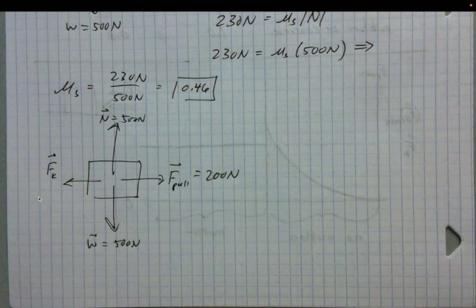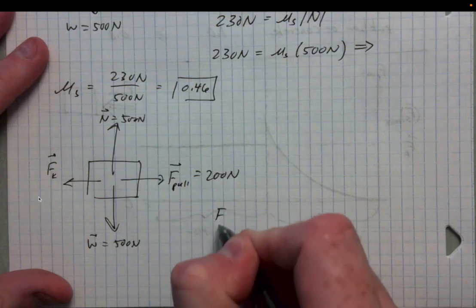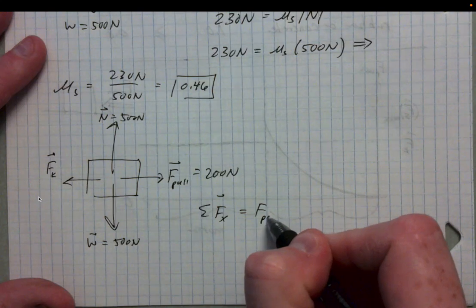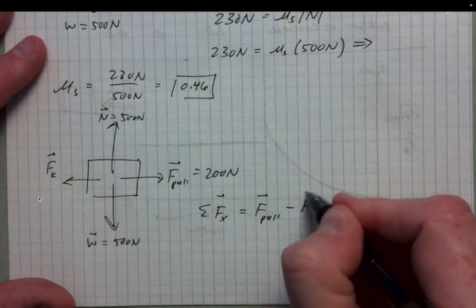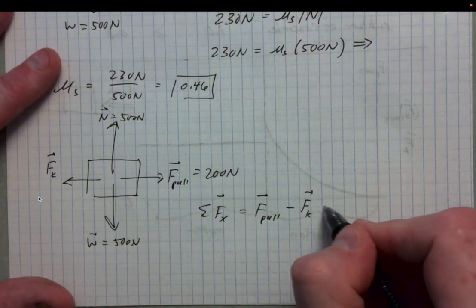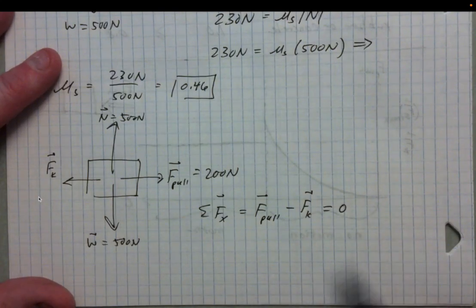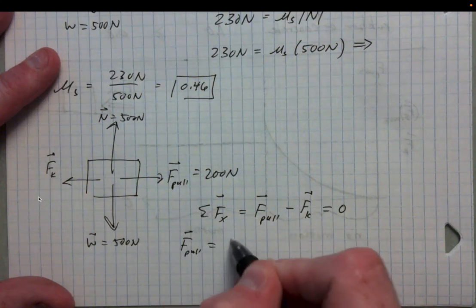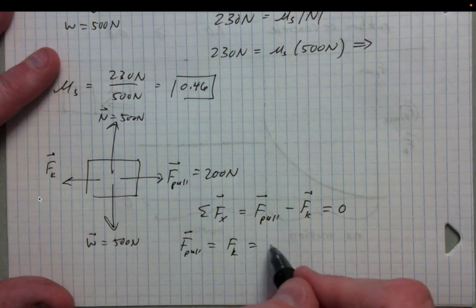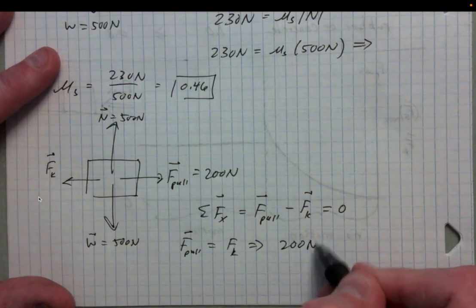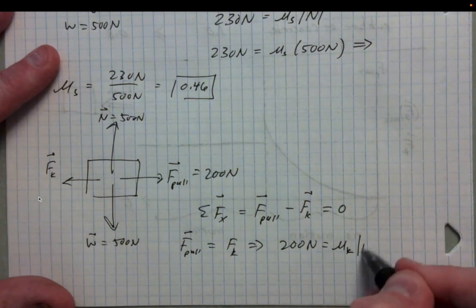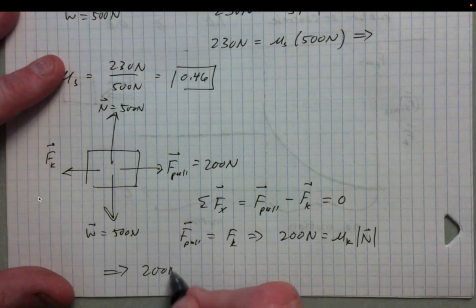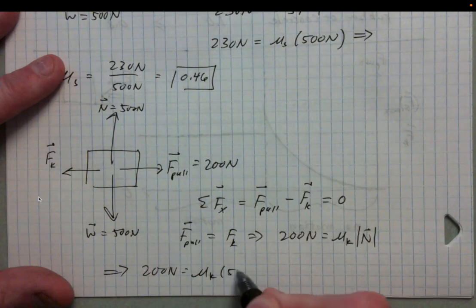Similarly, here the sum in the x direction would be equal to F pull minus kinetic friction. The velocity is non-zero, but the acceleration is zero, so we're in equilibrium. And so that means the pull is equal to F sub k, which implies that 200 newtons is equal to mu sub k times the magnitude of the normal force, which means 200 newtons is equal to mu sub k times 500 newtons.